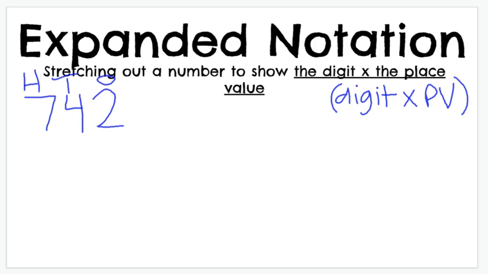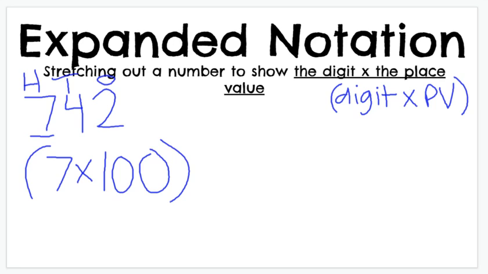So using my definition, digit times place value, I'll start with my 7. I have the digit 7, and I'm going to multiply it by the place value, 100, because it's in the hundreds place. Then I'll put that group inside parentheses.